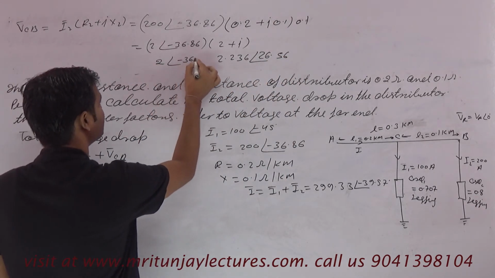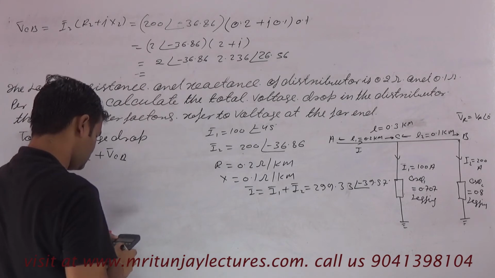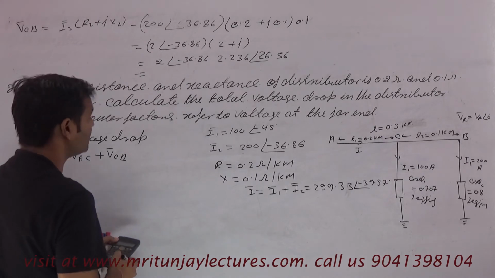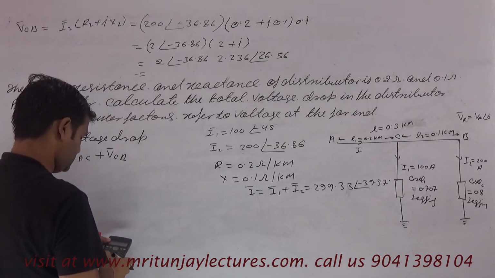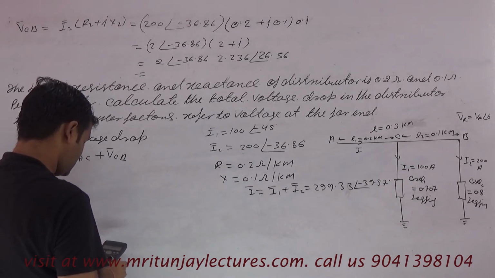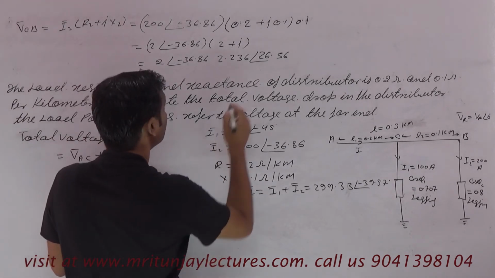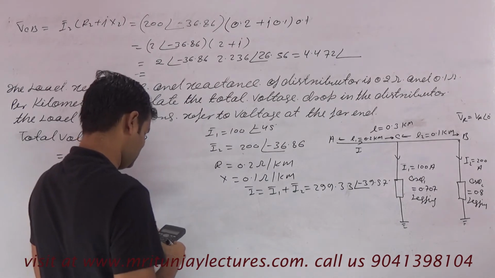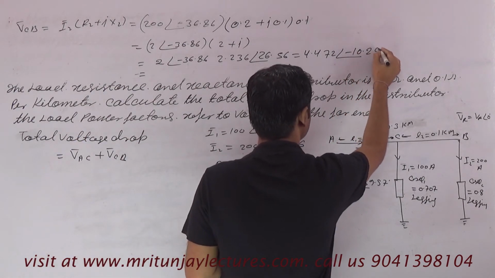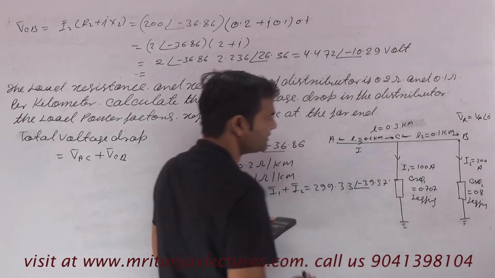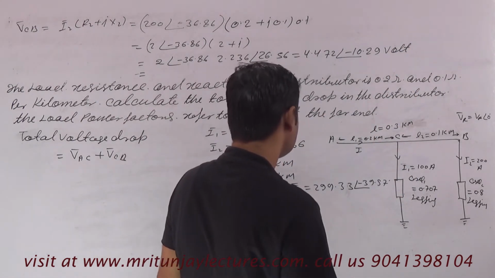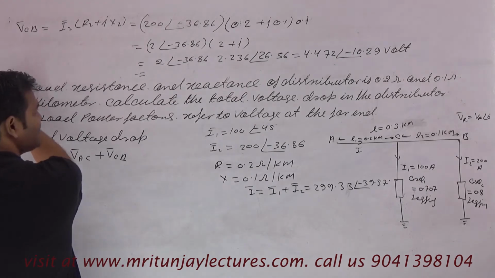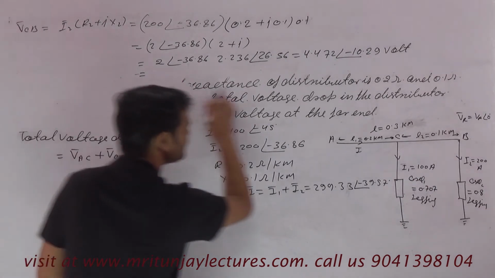So finally we got 4.472 at the angle minus 10.29 volt. That is the voltage drop across CB. Now the next target is the voltage drop across AC.